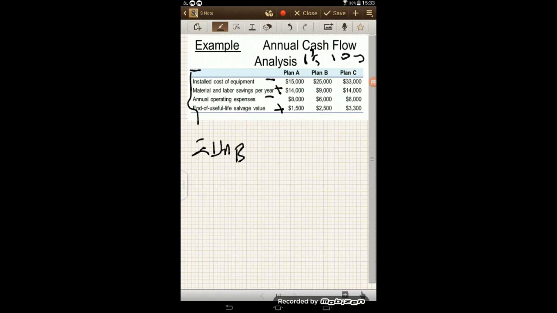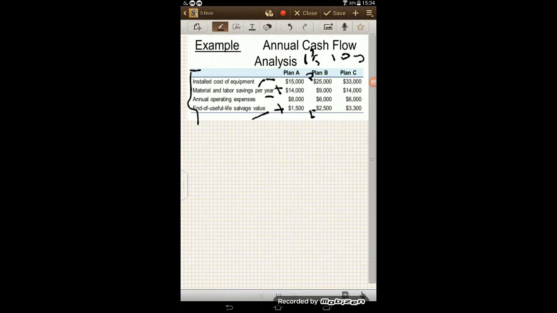Let's convert it first. The salvage values and installed cost of equipment are present value, and per year is annual operating expenses, A. So this is P, this guy is P, this is F.